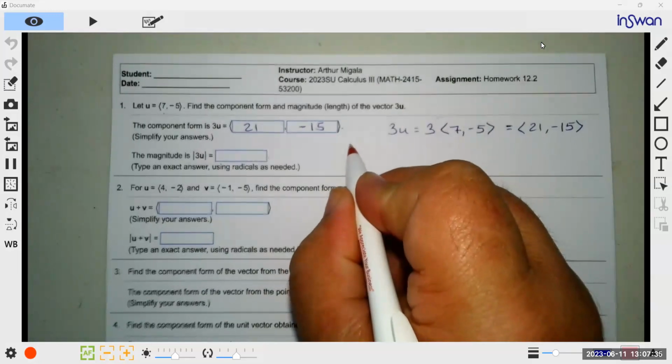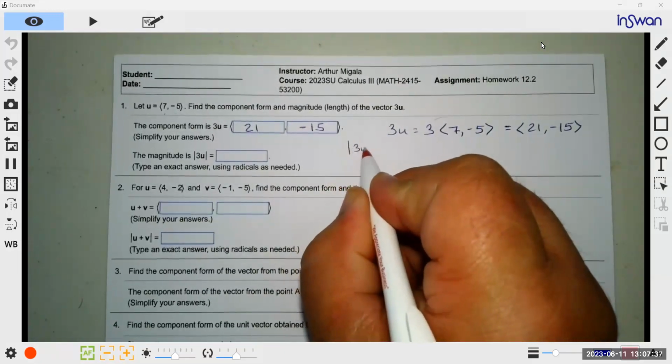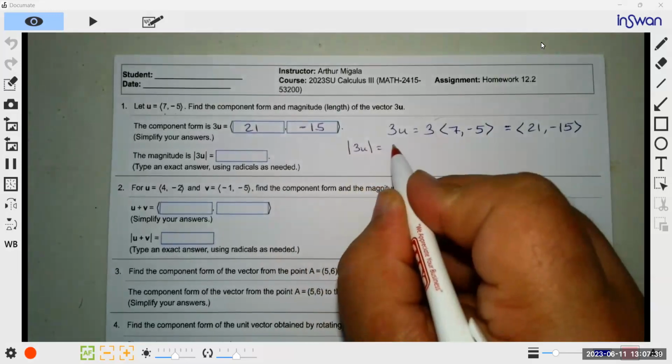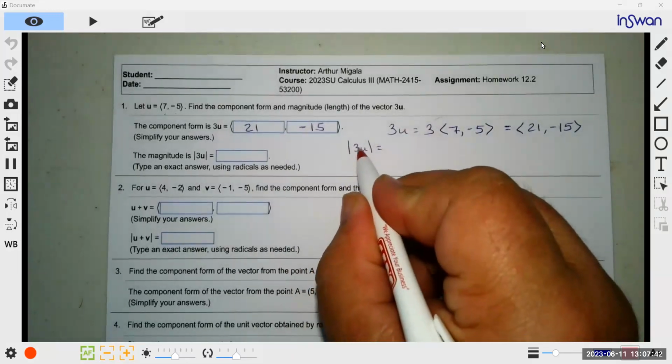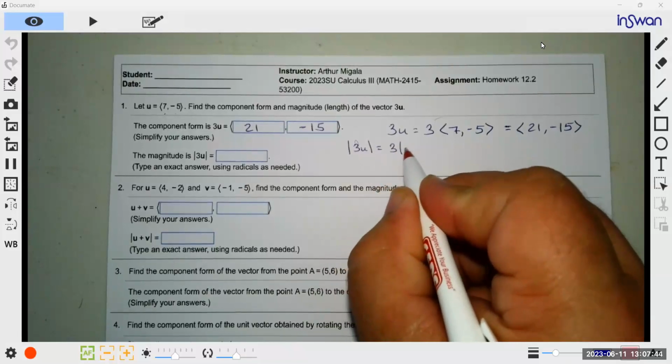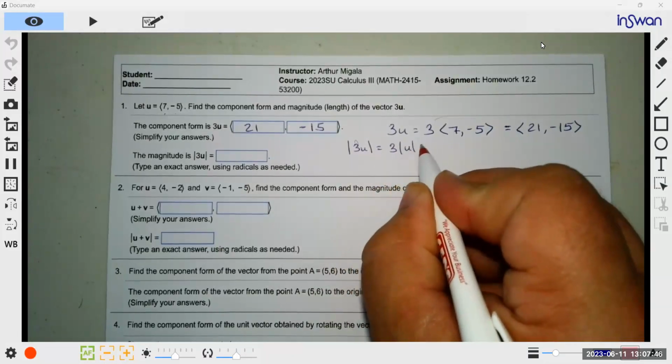Now we find the magnitude. Since it's a constant that comes out in front, we just find the magnitude of u and triple it.